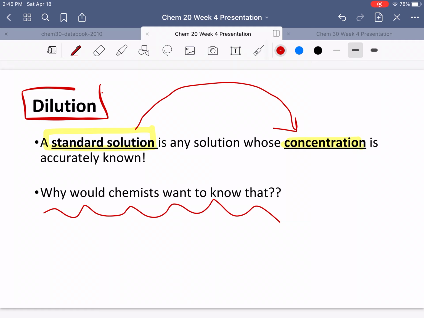So concentration, don't forget, when we talk about molar concentration, is moles per liter. More concentrated means more moles dissolved into a given volume.